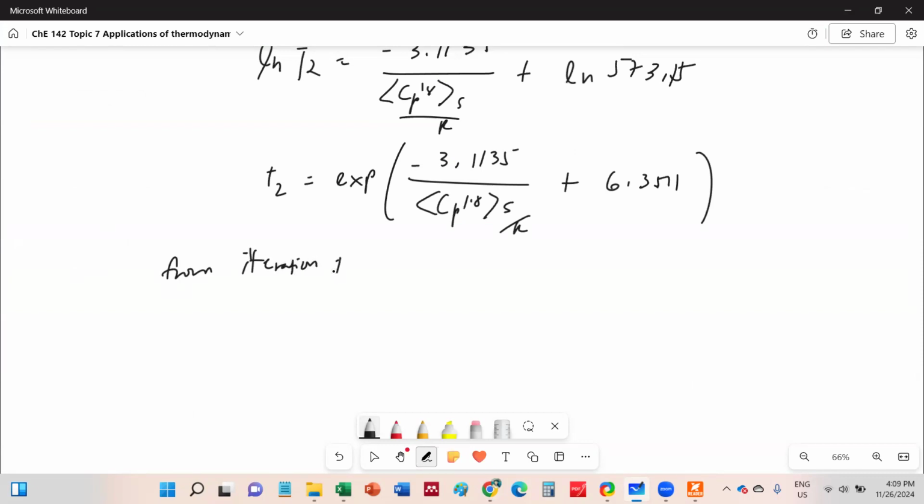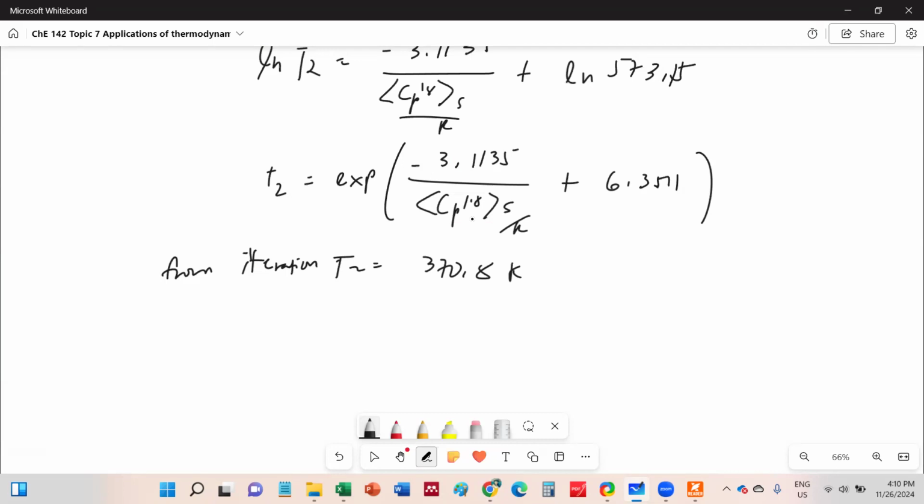So from iteration, T2 is, let's round off, 370.8 Kelvin. It's still long. The solution is still long. We're only getting T2.